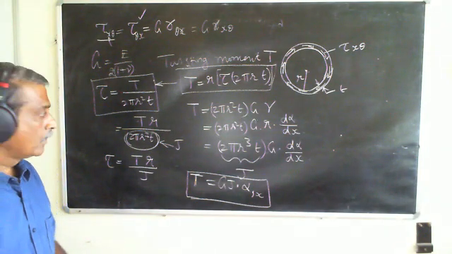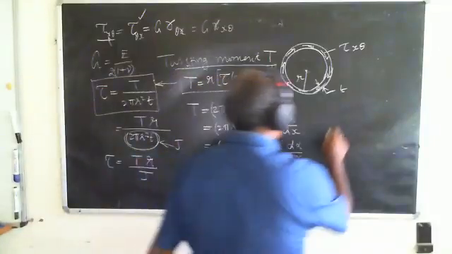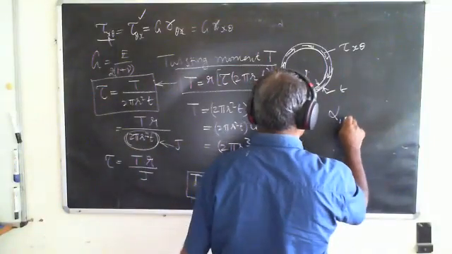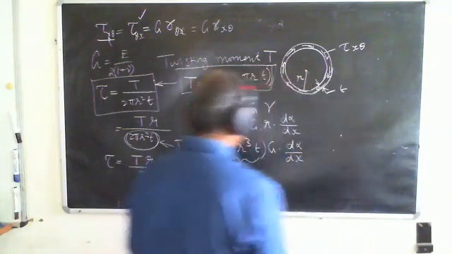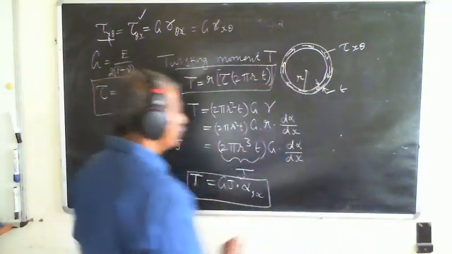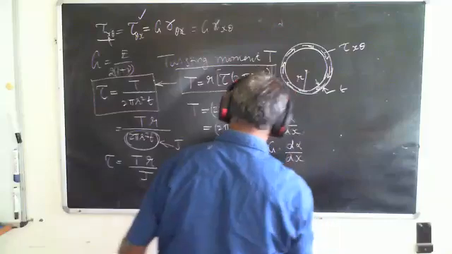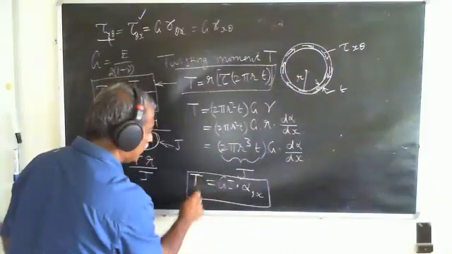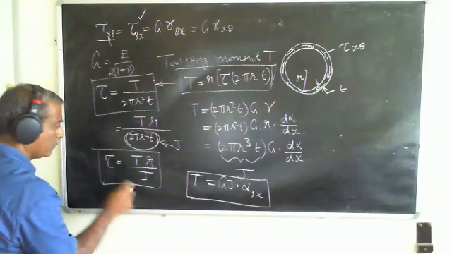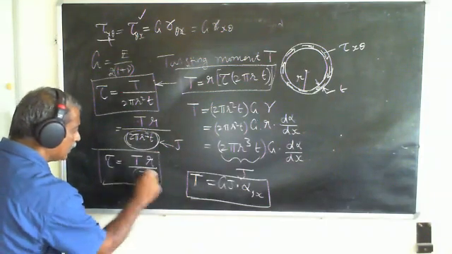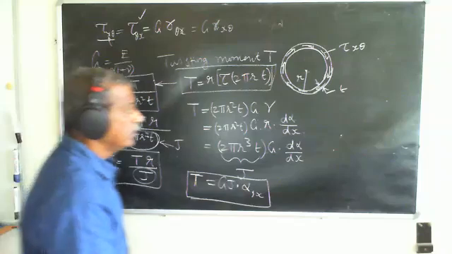Yes, sir. All right. And what is alpha comma x equal to? Alpha comma x is nothing but T by G J, right? So this is one formula I get. Now, I'm always using J over here directly, right?